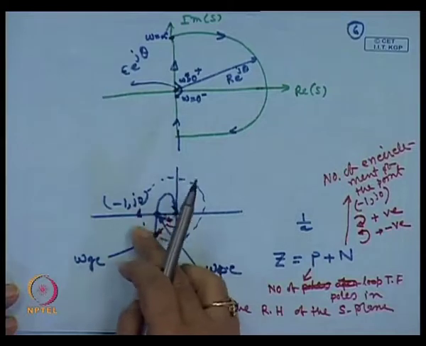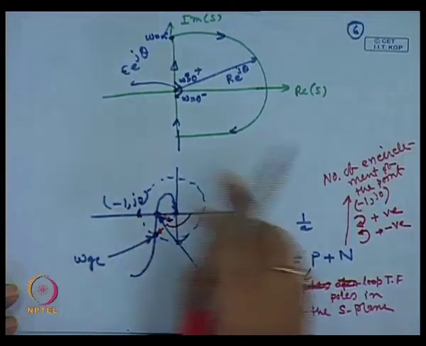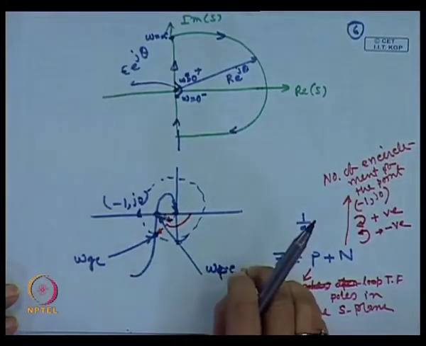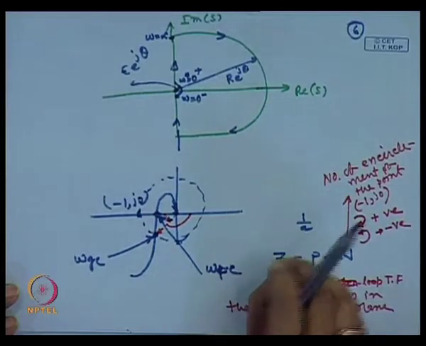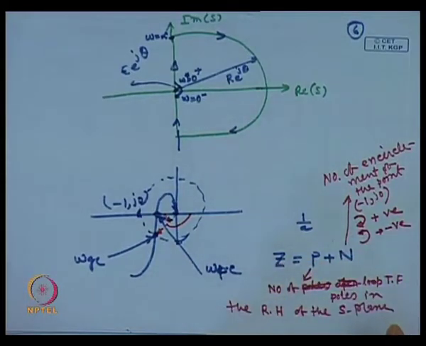If it encircles counterclockwise twice, then we write minus 2, the sign minus will be considered.